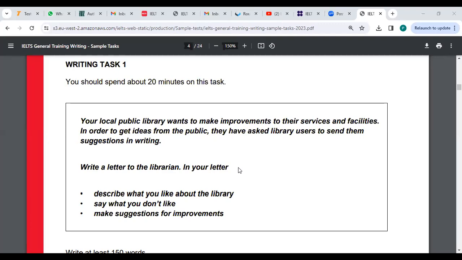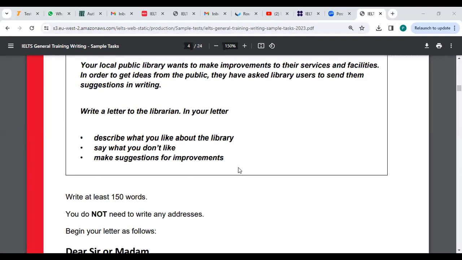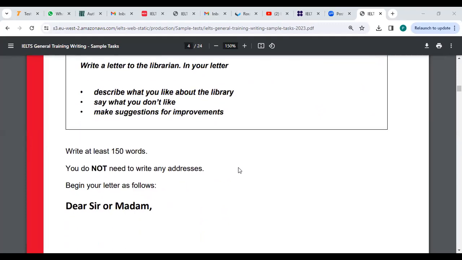Say what you don't like. Make suggestions for improvements. Write at least 150 words. You do not need to write any addresses. Begin your letter as follows. Dear sir or madam. Thank you, Alice. That was beautifully read.